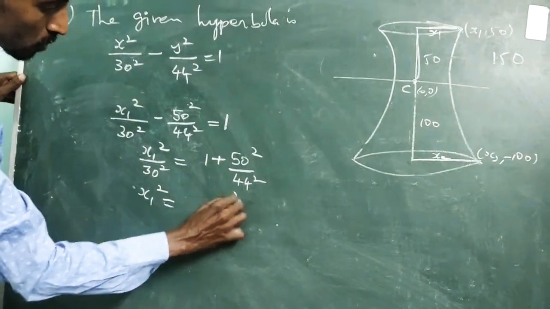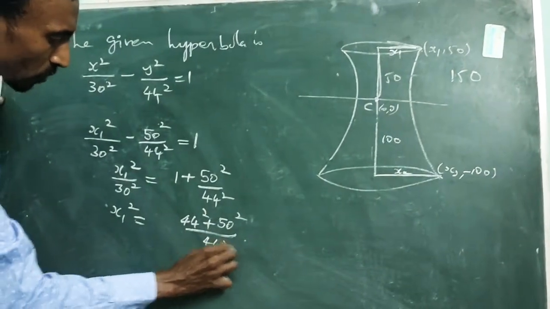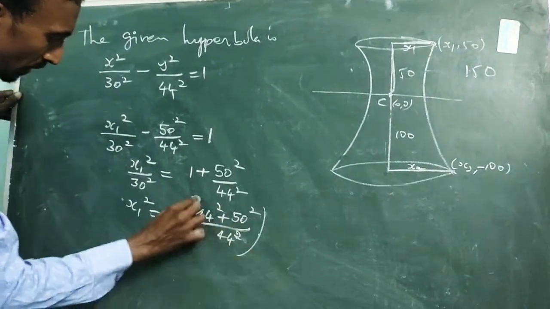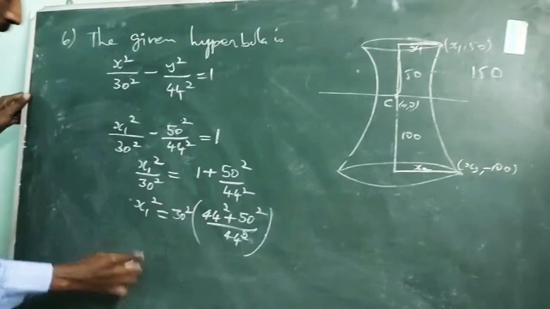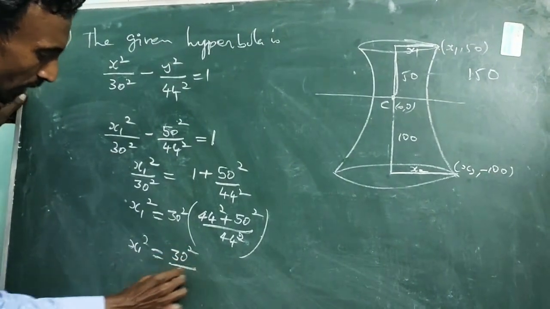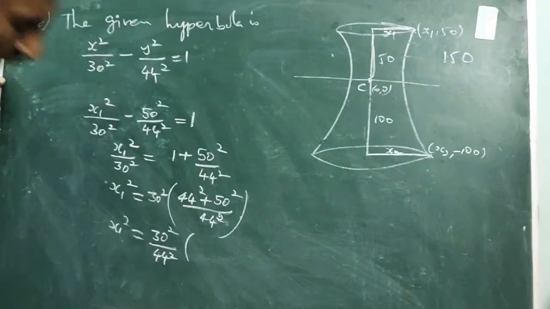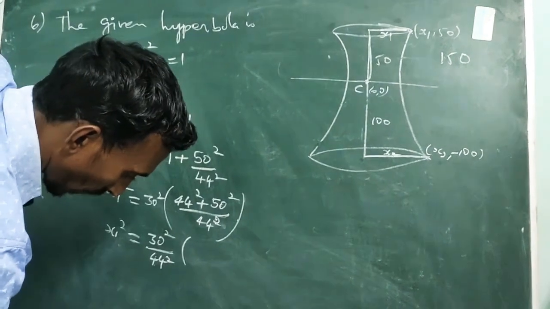So 44 square plus 50 square by 44 square here into 30 square. So x1 square equal to 30 square by 44 square into, what is 44 square?